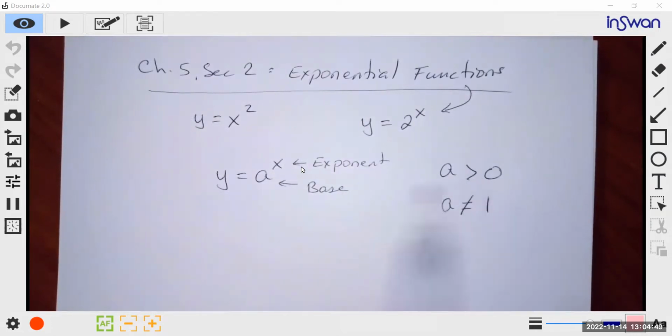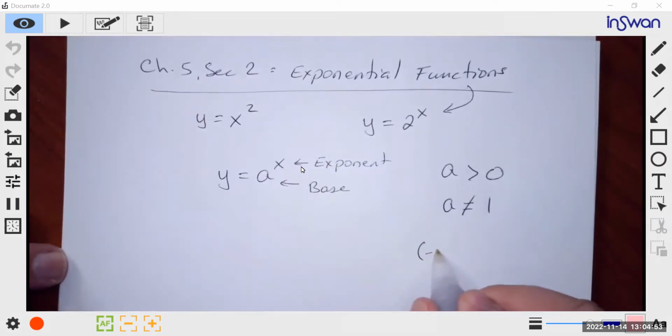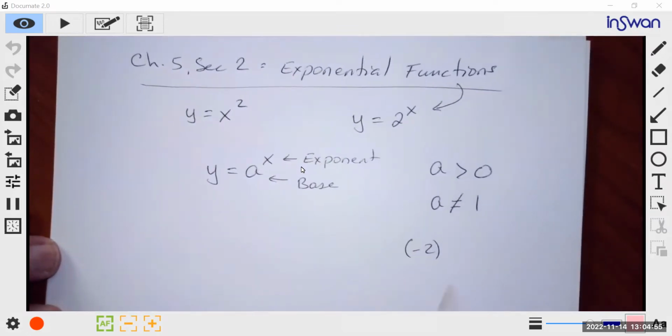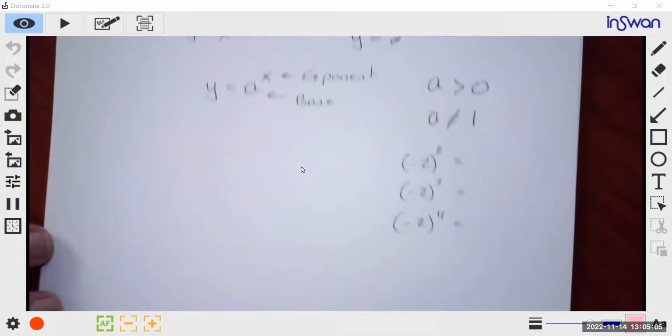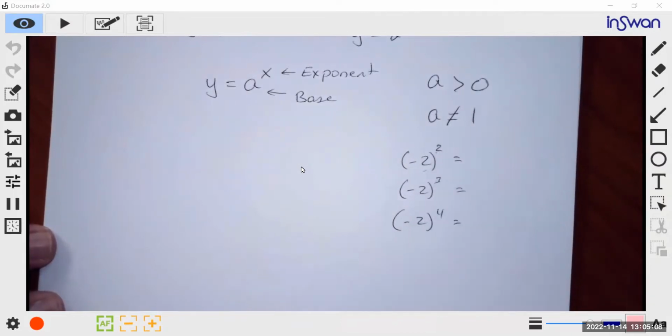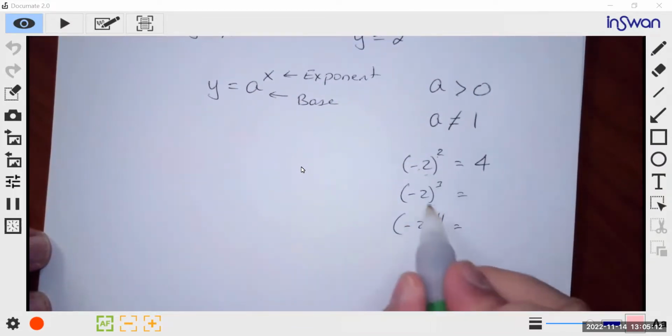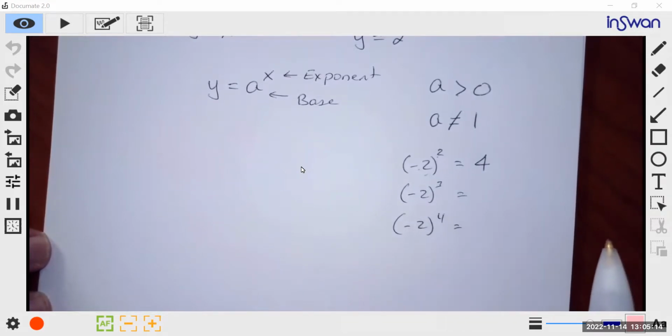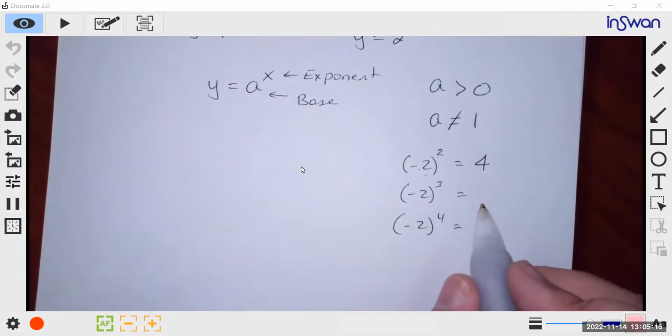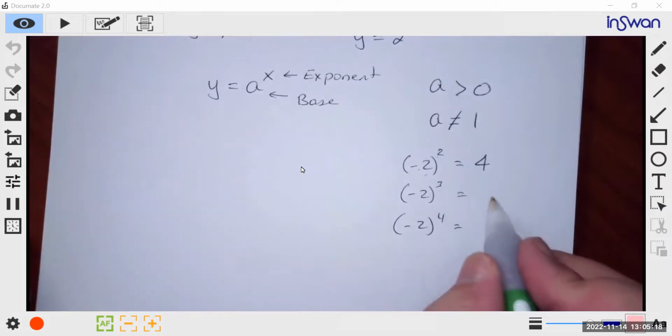Now, we can't use negative a, because think of it this way. If a was negative and the x changes, what happens to the numbers? What is negative 2 squared? Positive 4, negative 2 times negative 2. Negative 2 to the third power is negative 8.